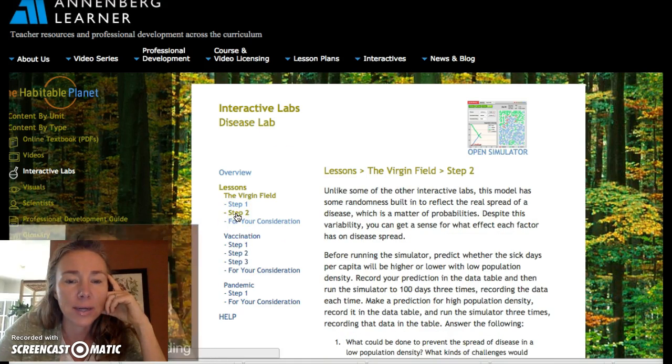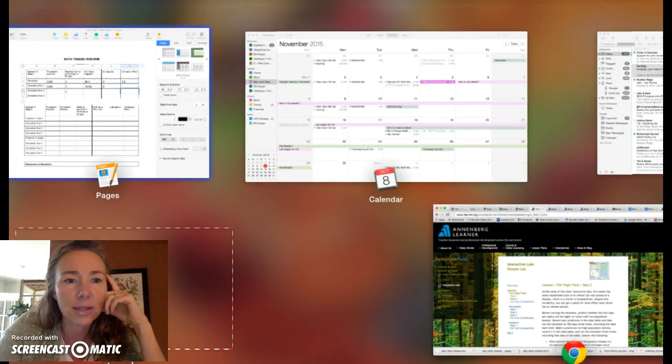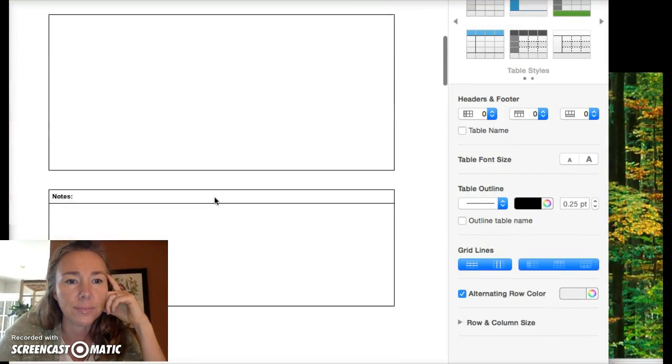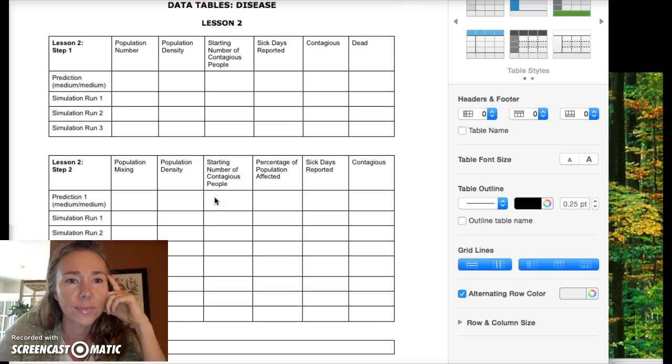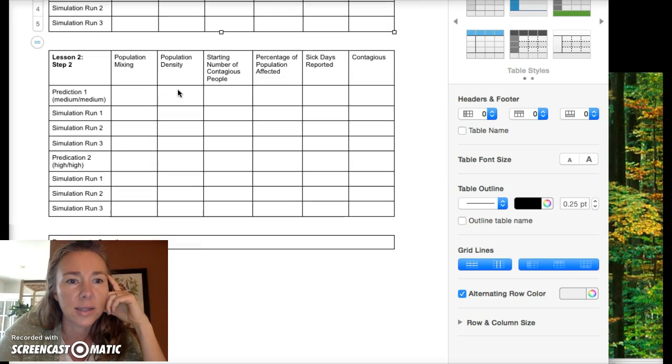So step 2, you'll be answering some questions and running the simulation for the data table. Part 2, lesson 2, let's look at our data table. Lesson 2, we're actually going to look at population size.